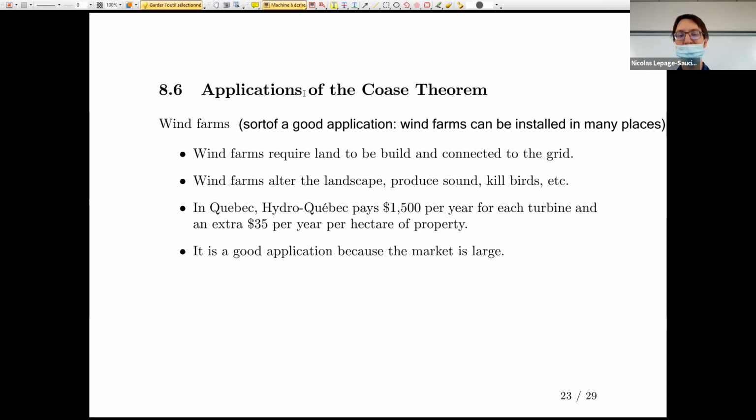So what happens? Well, of course, wind farms need some sacrifice to be implemented. They need to be built, connected to the grid. And you can also say that they have downsides. They affect the landscape. They produce sounds. Some people say they get cancer, but I don't trust that. They can kill birds.